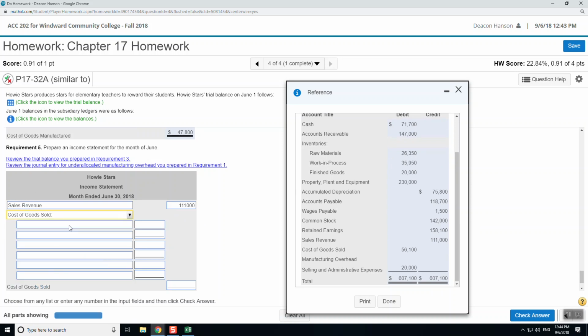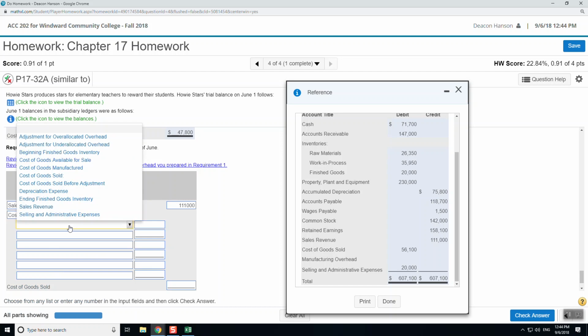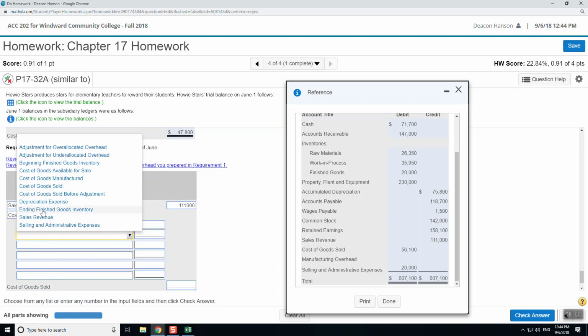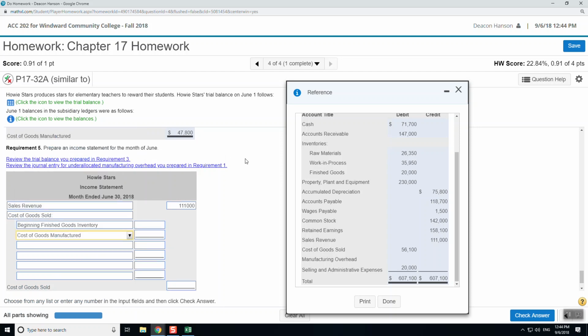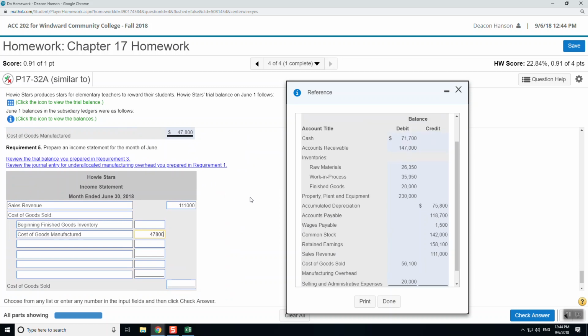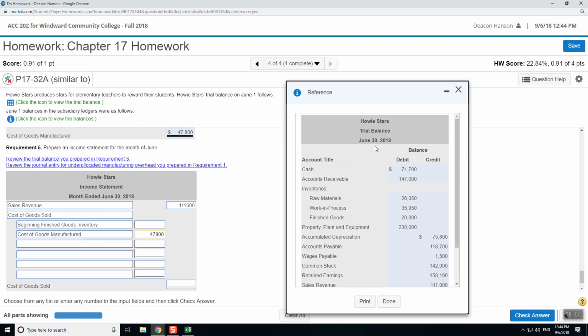And cost of goods sold is going to be, remember, beginning finished goods inventory. So just treat it like accounting 201, but use the finished goods inventory account. And instead of purchases, you're going to have cost of goods manufactured. And that comes from that schedule we just did. So I'm going to put the 47,800, and then my beginning finished goods would have been on my beginning trial balance. Okay, so be careful, that's June 30.